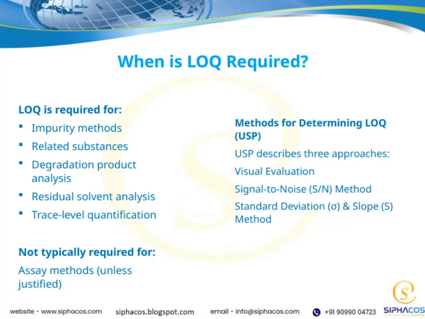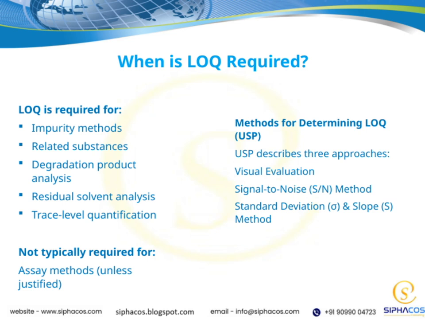Let's talk about the different methods for determining the limit of quantitation, or LOQ, according to USP. There are three main approaches to this. First, we have visual evaluation, which is a more straightforward qualitative method where you assess the point at which the analyte can be reliably detected by eye.